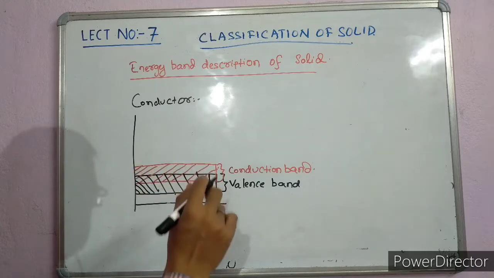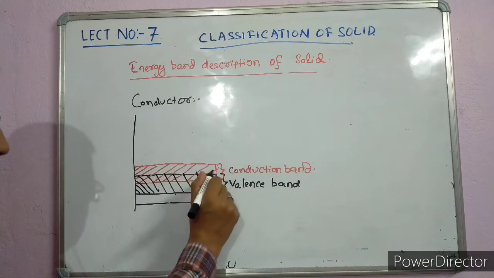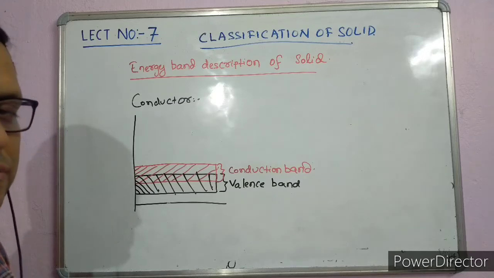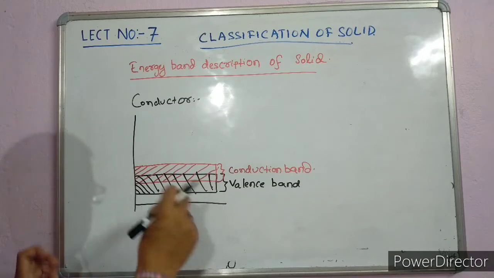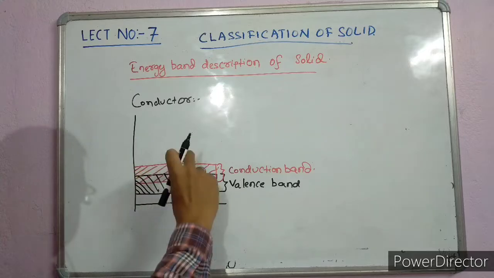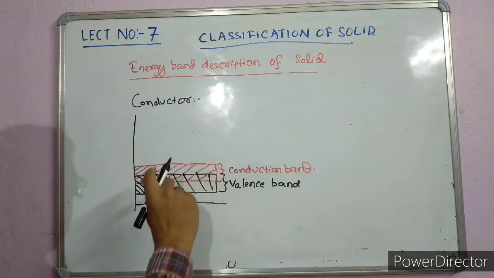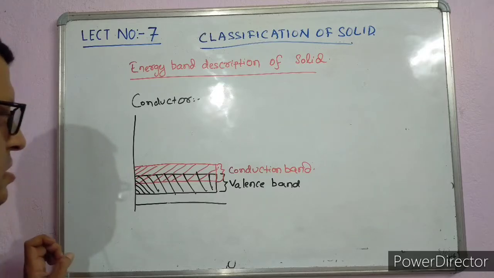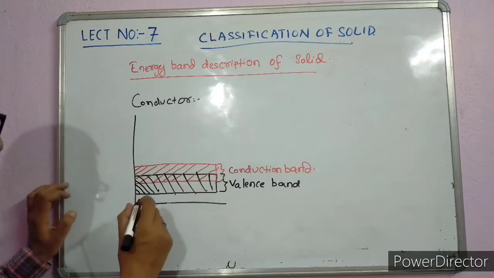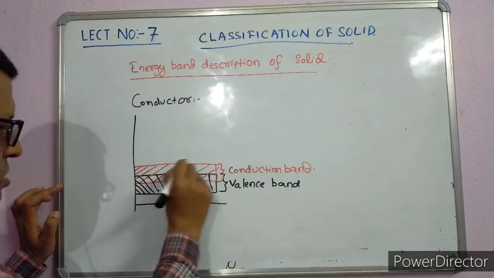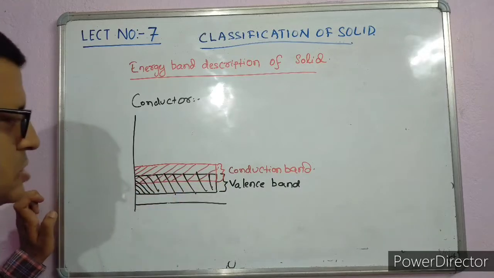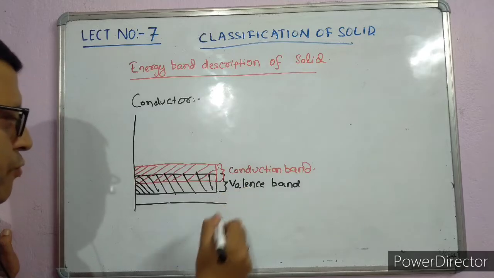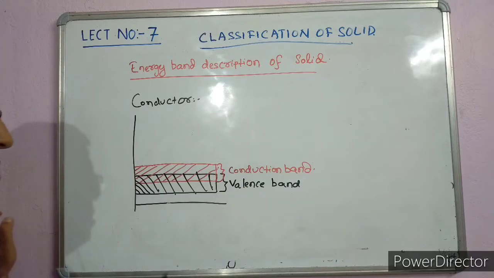That means our conduction band should be completely filled, so that an abundant amount of electrons can be available for carrying current. How is it happening here? Because of this overlapping, there are some electrons present in the valence band which are also present in the conduction band.